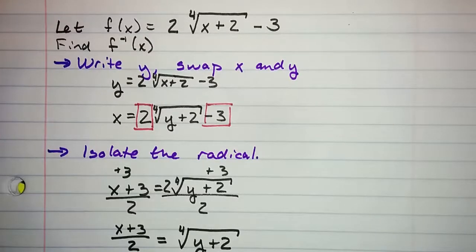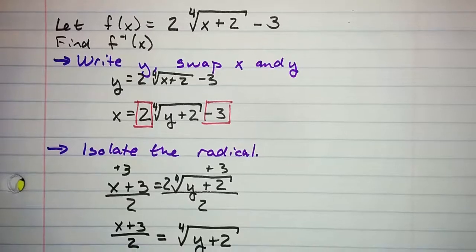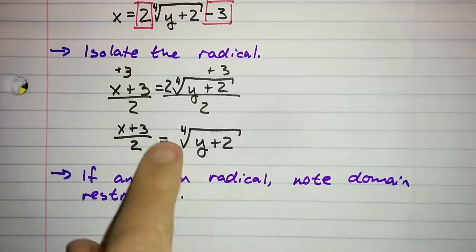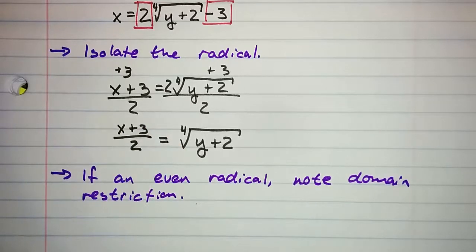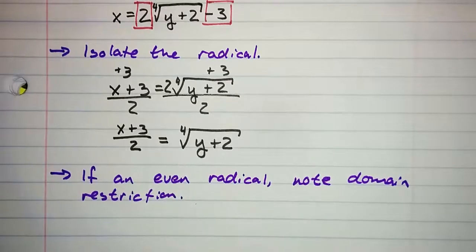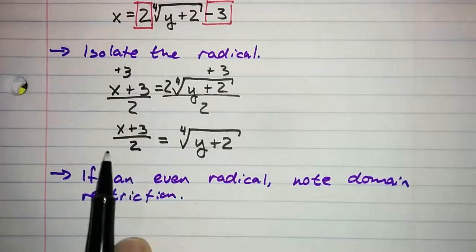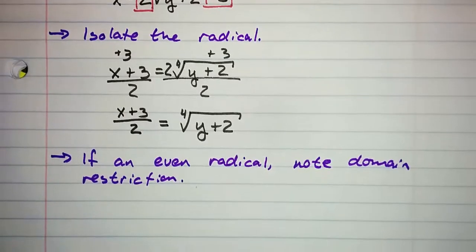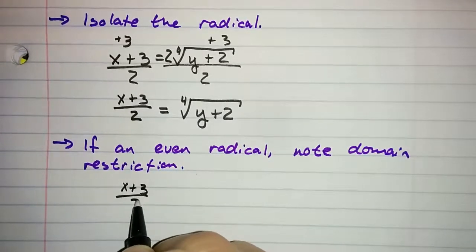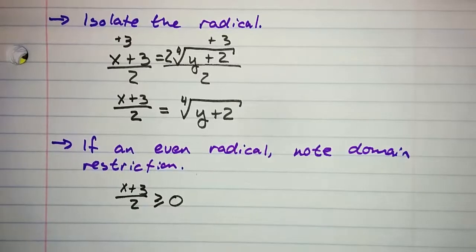We can just leave the left-hand side like this. That's fine. It's at this point that if we have an even radical, we want to make a note of the restriction on the domain. Right? The output of the even radical is always positive. So this quantity has to always be positive. (x plus 3) over 2 is greater than or equal to 0.